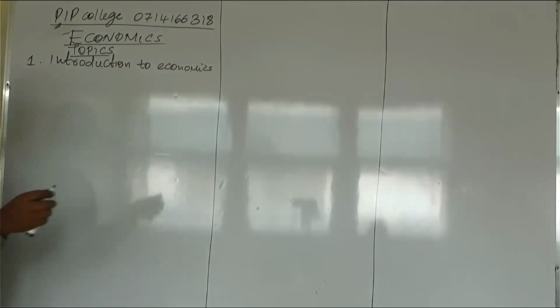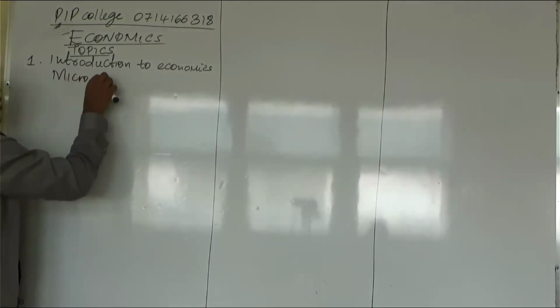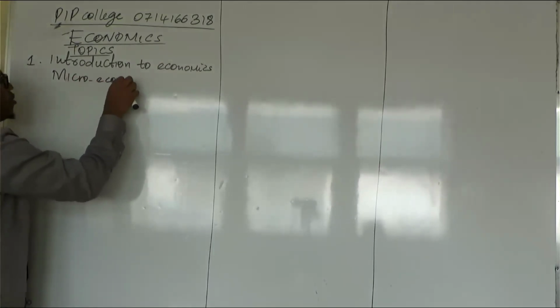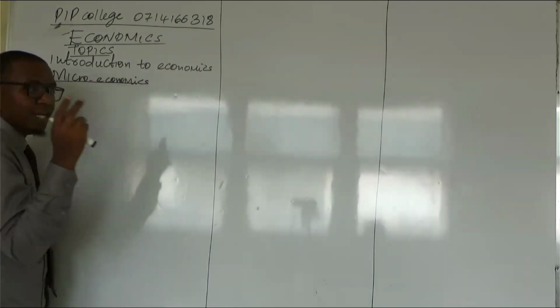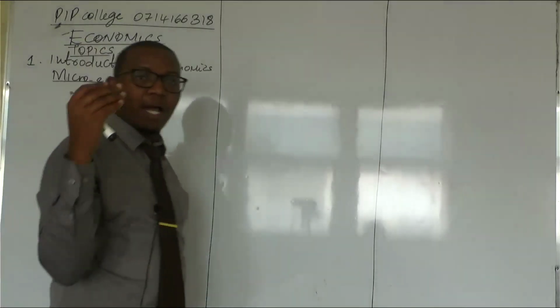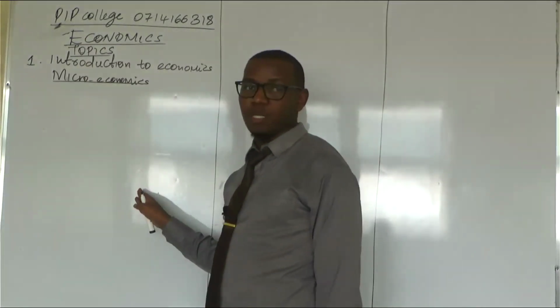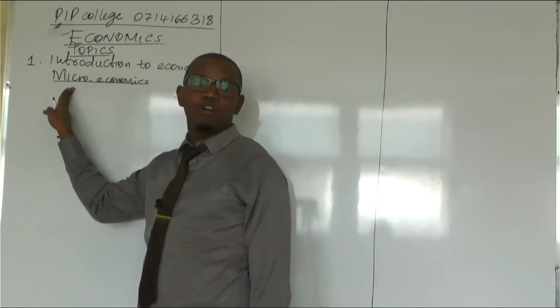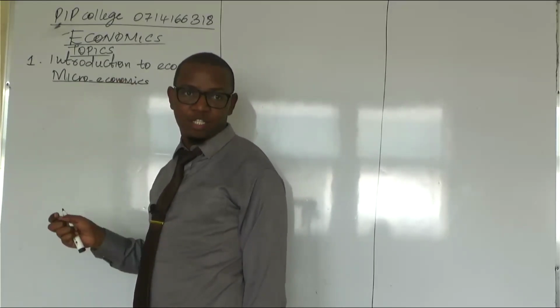Now, topic number 2 is from the part we call microeconomics. Here, as I've said, economics is majorly divided into two: microeconomics and macroeconomics. In microeconomics, it is a single factor decision.